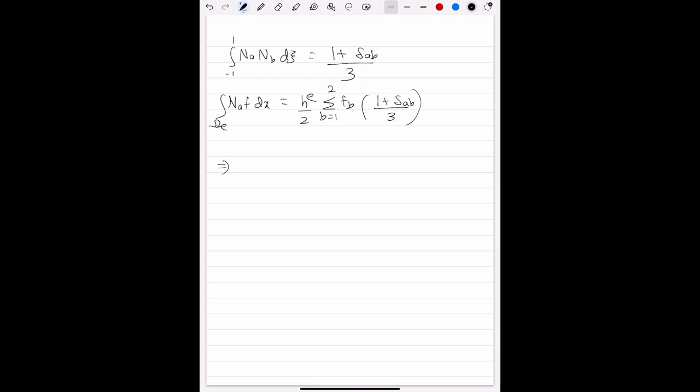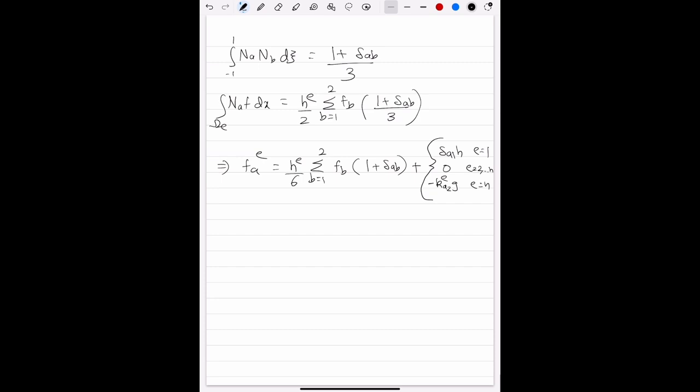So we have now shown that the element forcing vector FAE can be written as he by 6 times summation b equal to 1 to 2 fb times 1 plus delta AB, plus the boundary term, which we know is given by delta A1 times h for e equal to 1, 0 for e equal to 2 all the way up till N, and minus K A2E g for e equal to N.